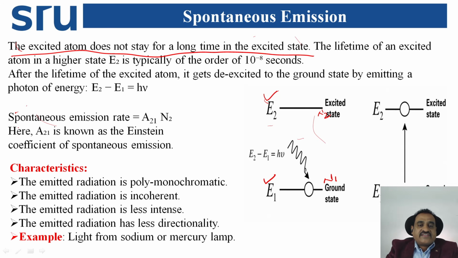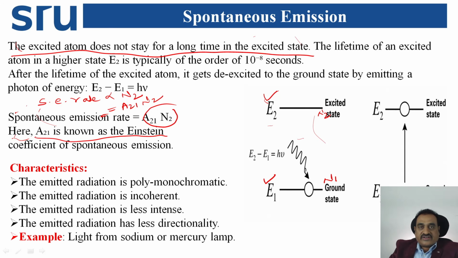The spontaneous emission rate is directly proportional to N2, with proportionality constant A21, so it is A21 N2. Here A21 is known as Einstein's coefficient of spontaneous emission of radiation.